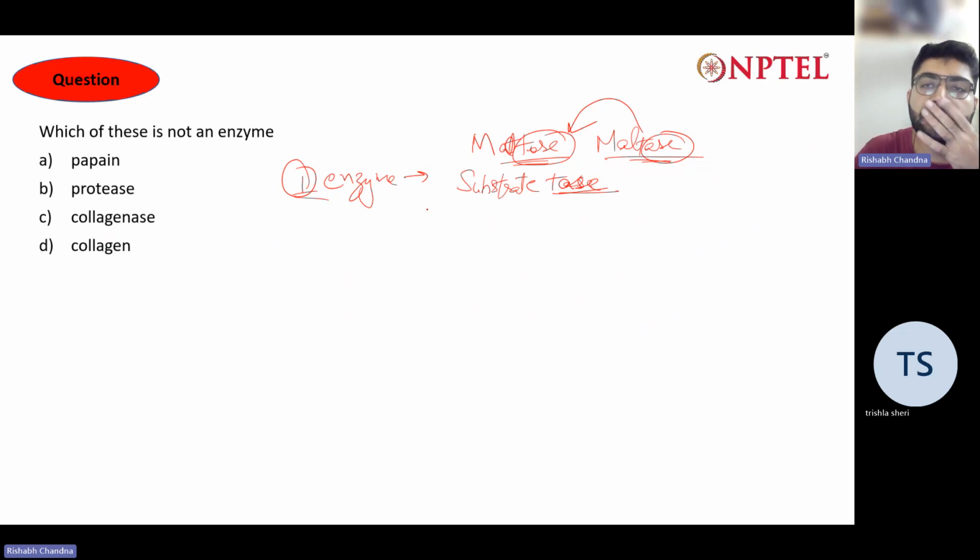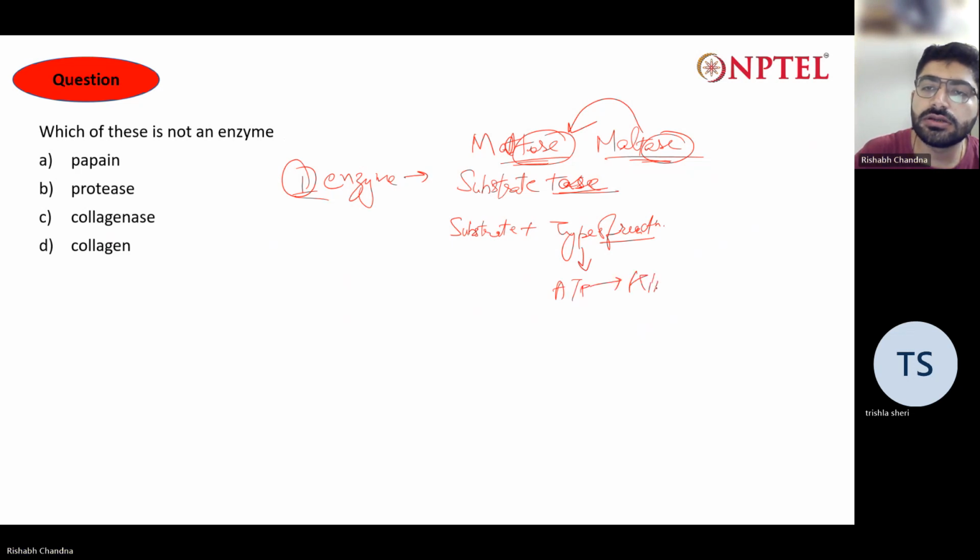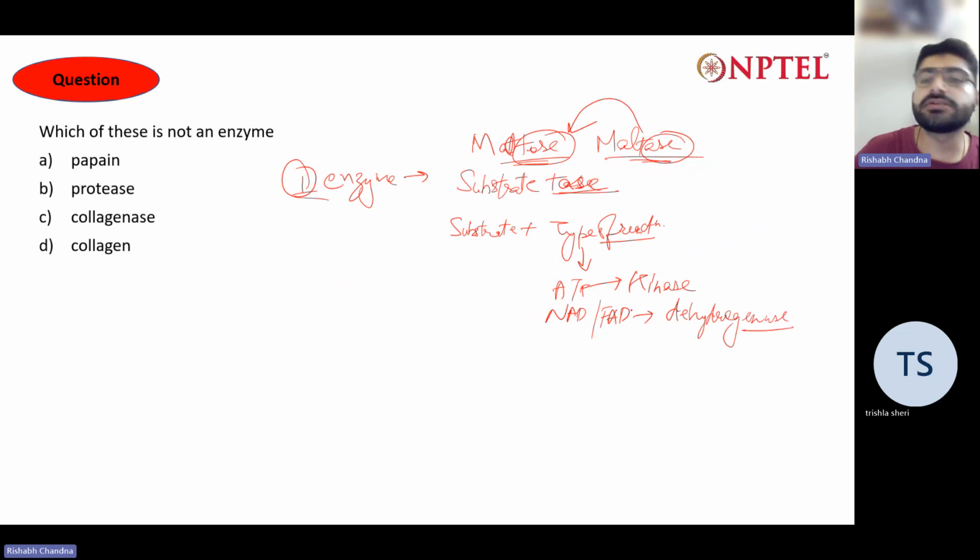Secondly, enzymes are named on the basis of the substrate they are acting on plus the type of reaction. If ATP is involved, then kinase. If any NAD or FAD kind of molecules are involved, then they are named as dehydrogenase. So this is the second way.